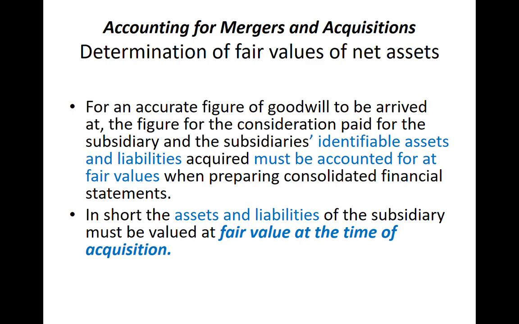So you need to have set up your balance sheet properly, because when the companies are being merged, you're actually merging the balance sheet, because that's where the total assets are, and then the total liabilities and the equity.